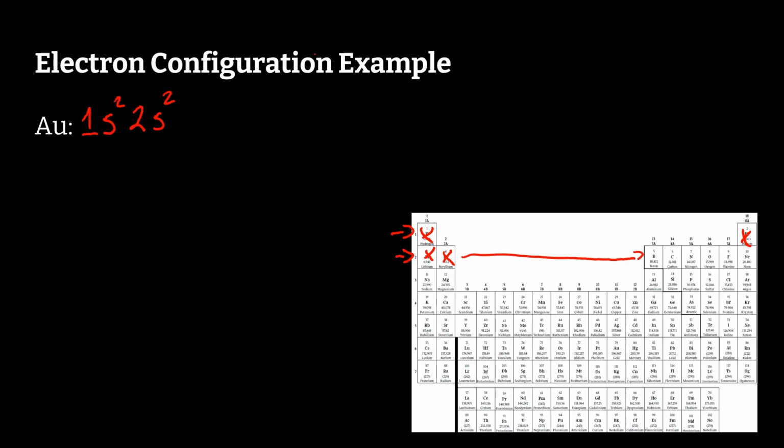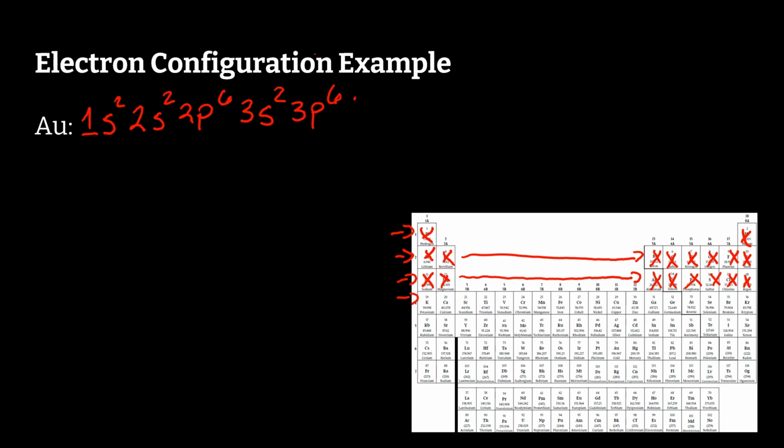Moving all the way across, energy level 2, enter into the P block, and it is able to hold 6. Keep on going, energy level 3, S block, 2 electrons. Move all the way over, 3rd energy level still, P block, it can hold 6. Drop to energy level 4, S block can hold 2.